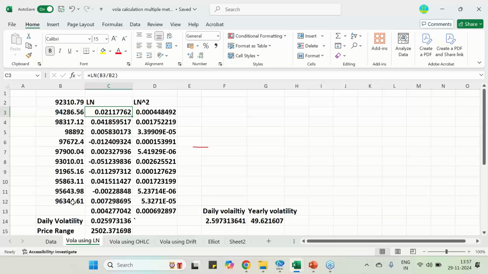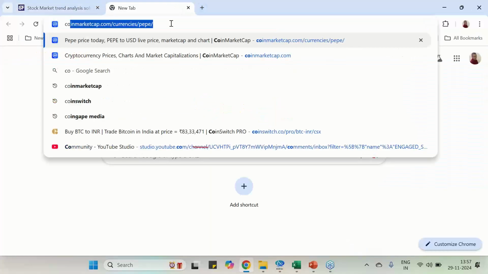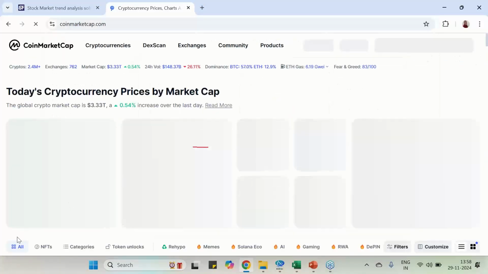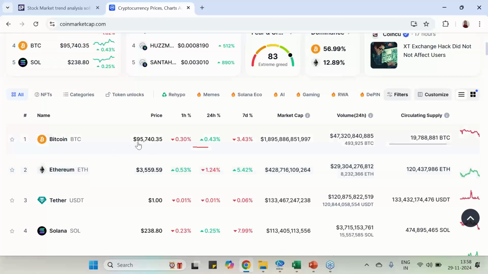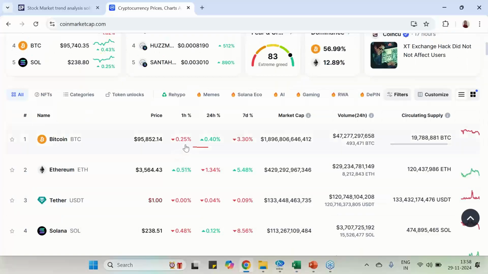Today is 29th November 2024, when I am recording this. The price is in USD. You can check on any site; Bitcoin is sitting near the top at 95,852, which is 0.25% down.